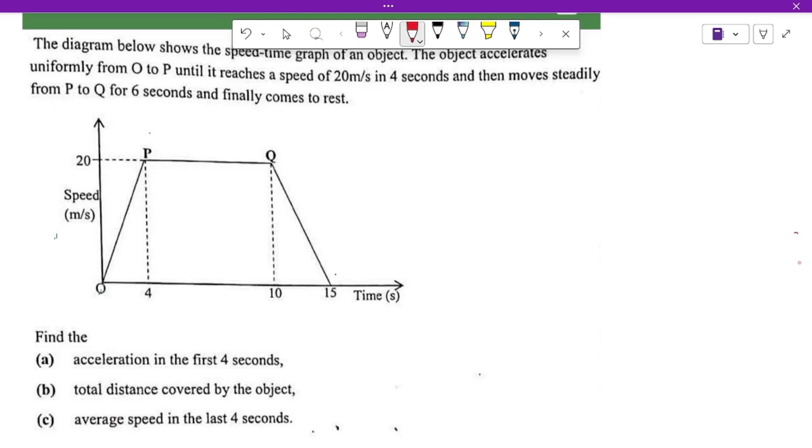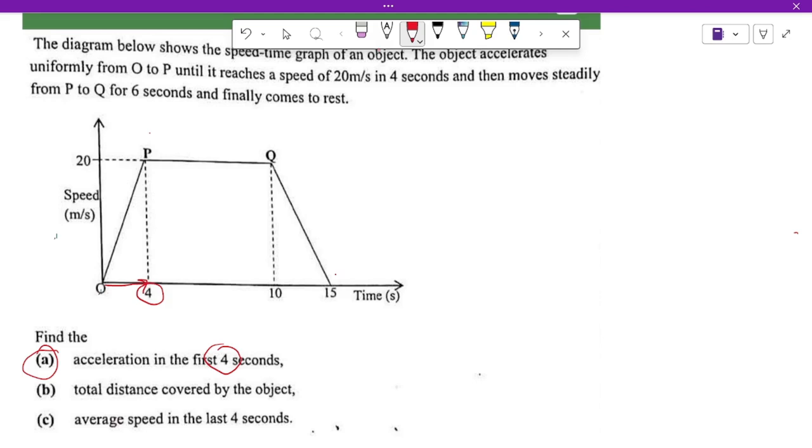So now question A says, find the acceleration in the first 4 seconds. So where is the first 4 seconds? The first 4 seconds is here, basically the distance from there to here.